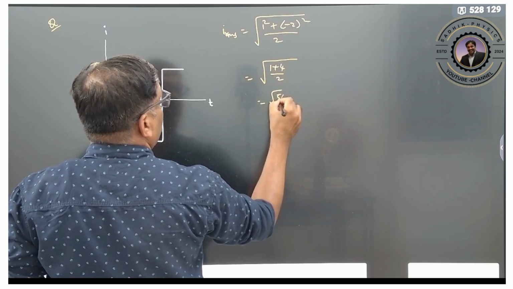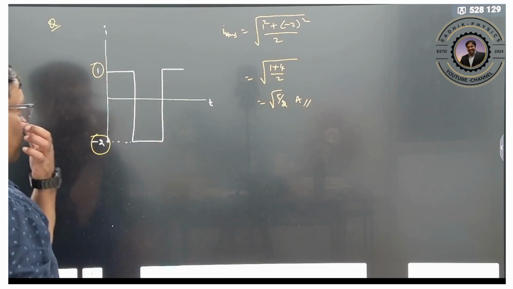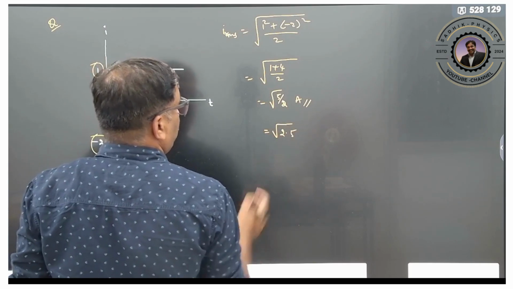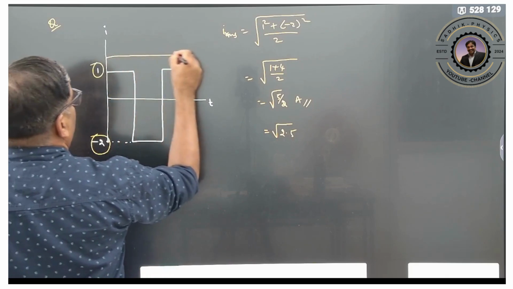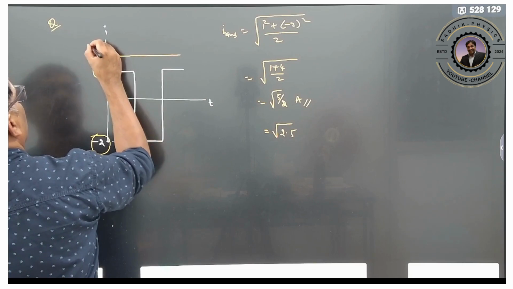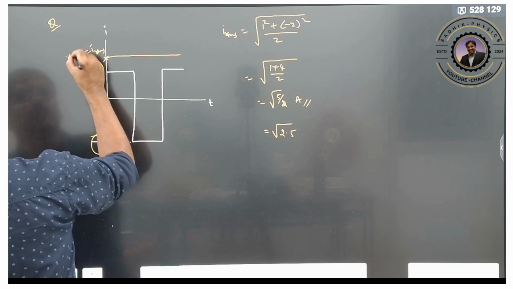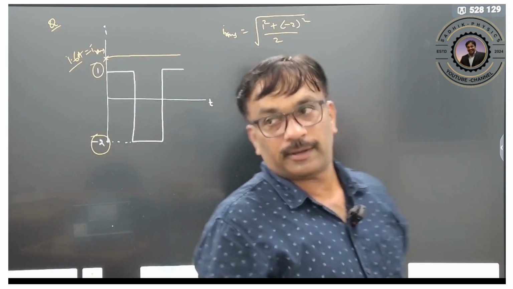So root 5 by 2 will be your answer. Root 5 by 2 is nearly root 2.5, which is between 1.4, 1.6 or 1.7. Therefore we can say here IRMS will be nearly 6 ampere. Clear?